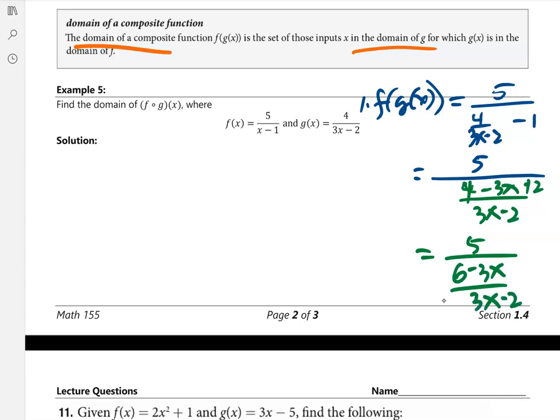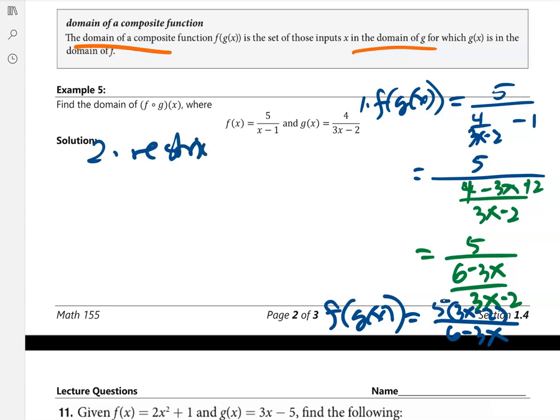Get the reciprocal of that. So I will have f of g of x is equal to 5 times 3x minus 2 all over 6 minus 3x. And now we will have a restriction because of the denominator, 6 minus 3x.